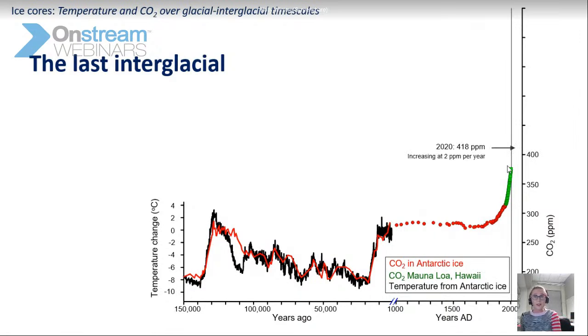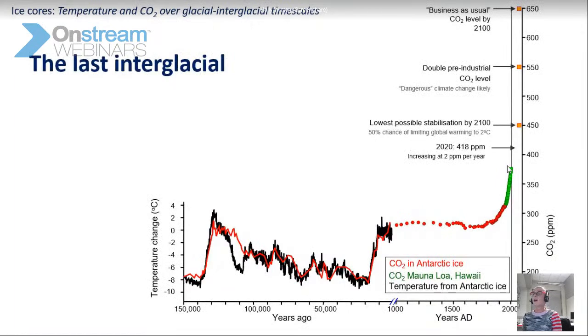CO2 today is around 420 ppm, and future predictions of CO2 are off the chart. This will probably be covered later in this webinar series, but just so you can see that we are really above the CO2 records seen in the past ice core record.